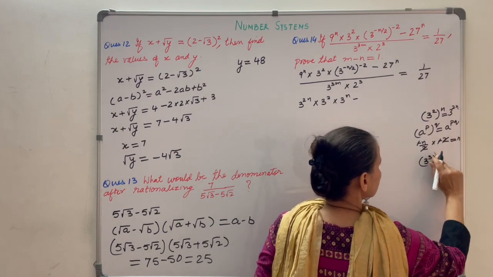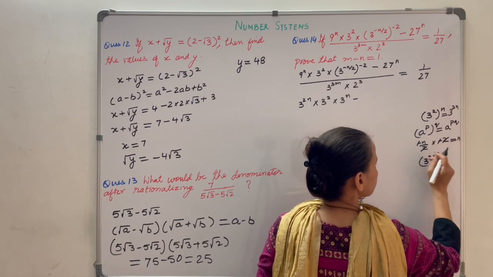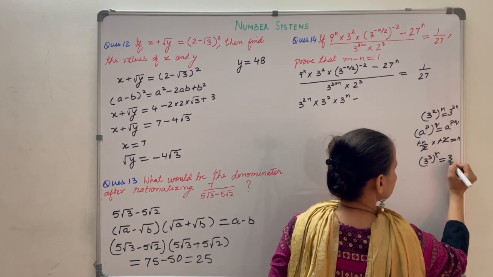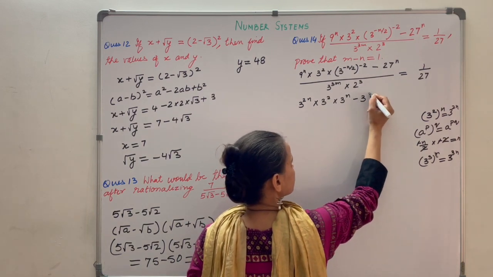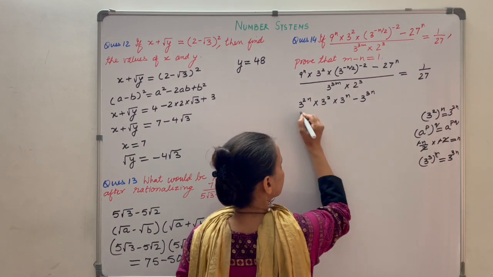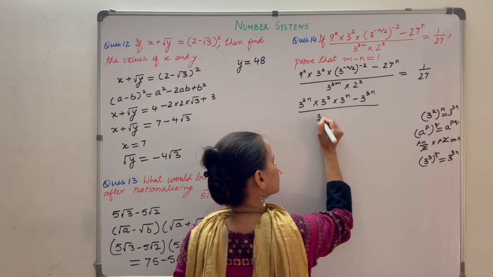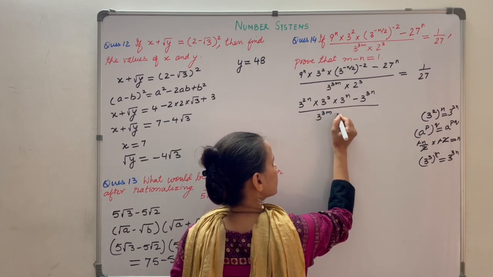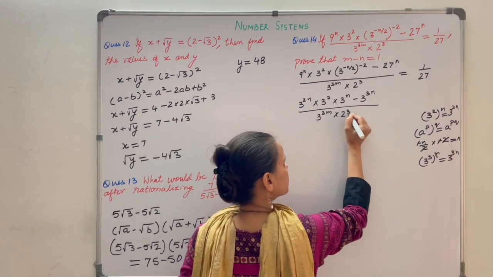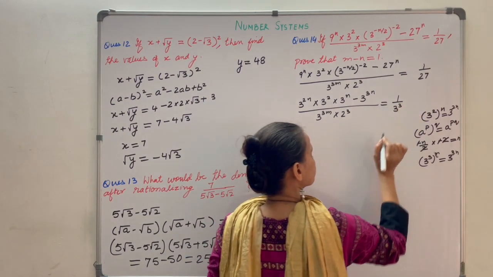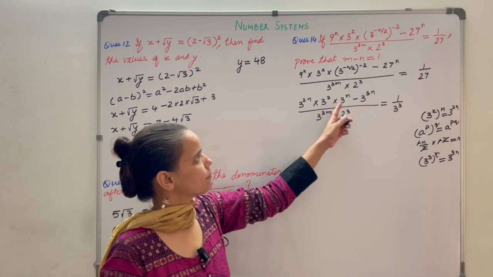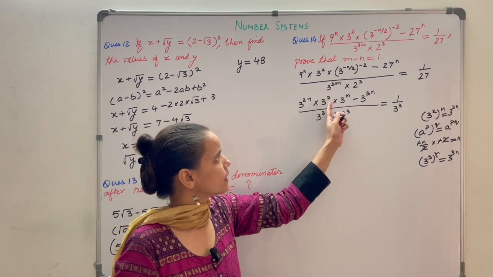So using the same law, we will multiply the exponent. So what will you get? 3 raised to power 3n. So let us write it down. So here you have 3 raised to power 3n divided by 3 raised to power 3m into 2 cube is equal to 1 upon 3 cube. So here you can see that the bases are same, so we can add the powers.